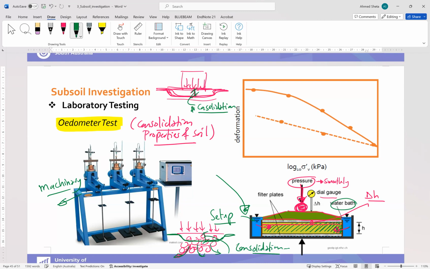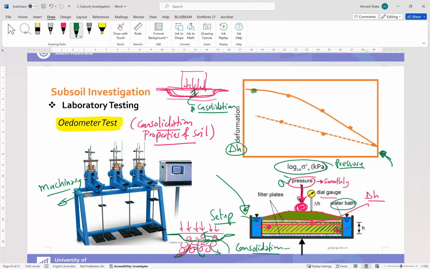Okay, and here is a diagram showing what is expected from this test. We have the log of the pressure sigma on the x-axis and the deformation delta H on the y-axis.